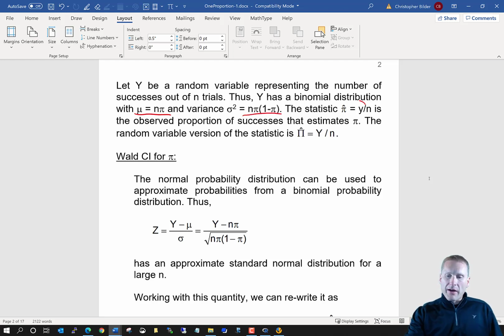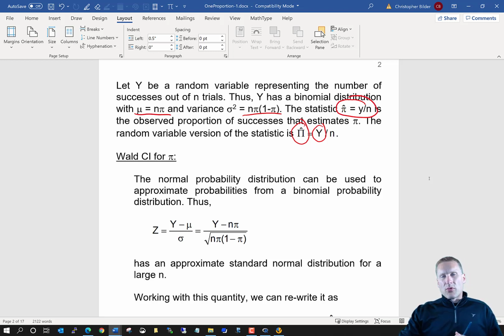The corresponding statistic that estimates pi is simply the sample proportion, or y divided by n, the number of observed successes divided by the number of trials. Now, in terms of a random variable for this quantity, we could replace the lowercase y with an uppercase Y, and that means our statistic itself is now an uppercase Greek letter pi with a hat on top of it.